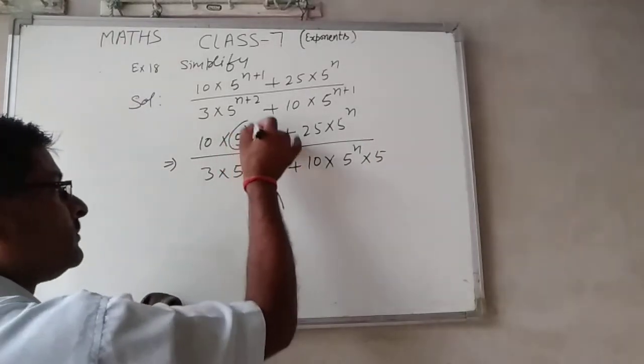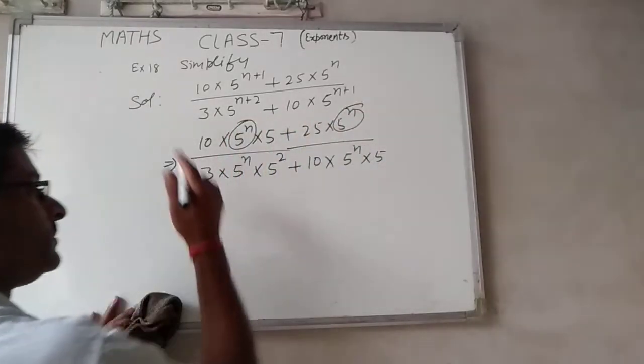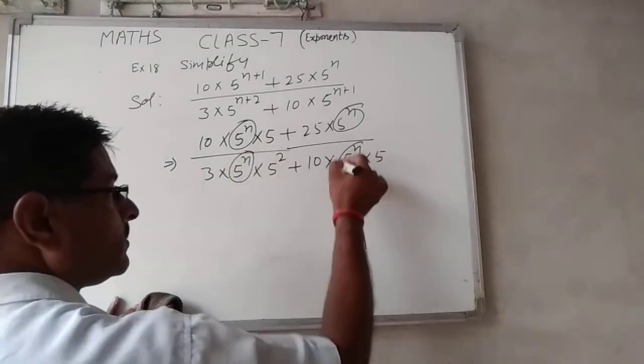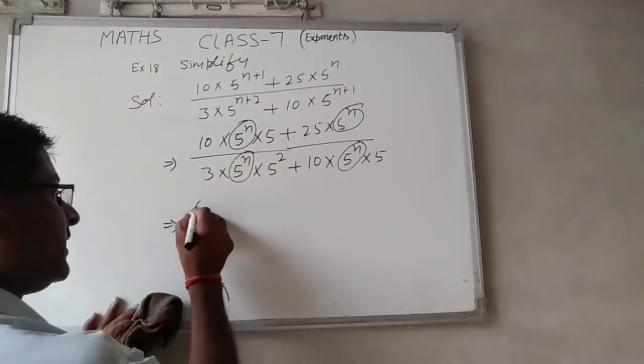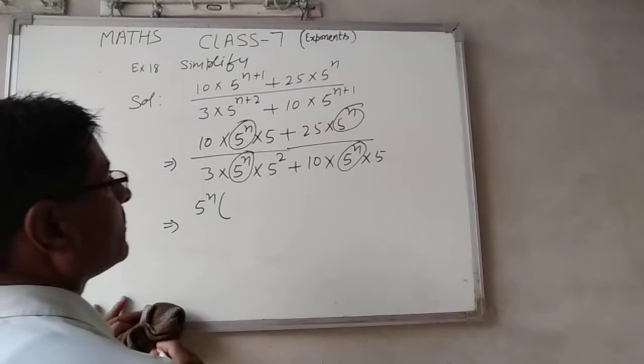Now you can see 5 to the power n is common in both, in the denominator also. So we can take 5 to the power n common in the numerator.